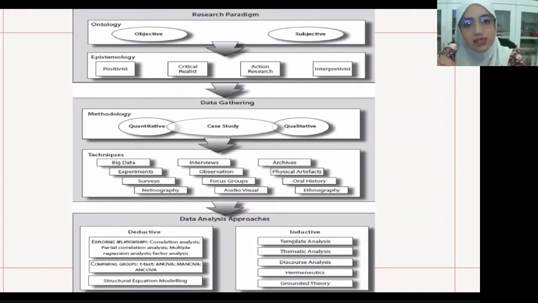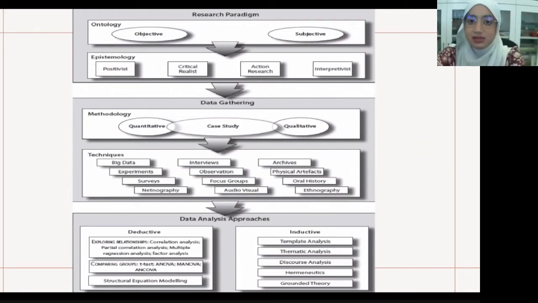Okay, so if you are interpretivist, you have your own paradigm. If you are action research, if you are critical realist, all of this will determine what kind of data that you need, what kind of analysis that you need, because there are many analyses. We have thematic analysis, that is the normal one, which I will be also teaching you today as well.